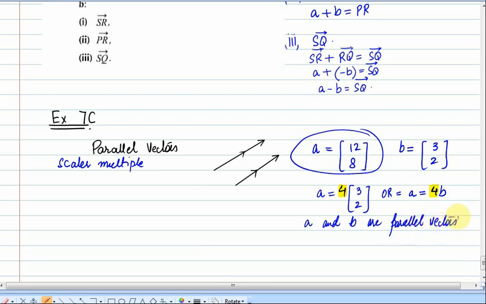So for parallel vectors, the condition is they must be scalar multiple of one another. Note it down in your copies first, and then I will start from the book.